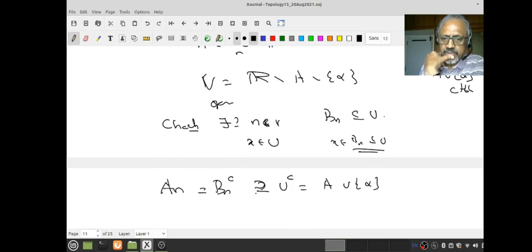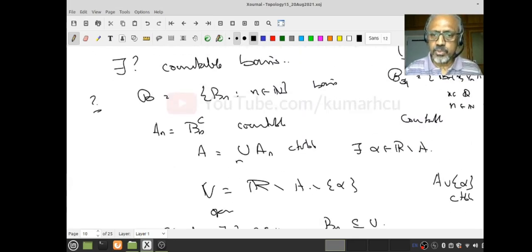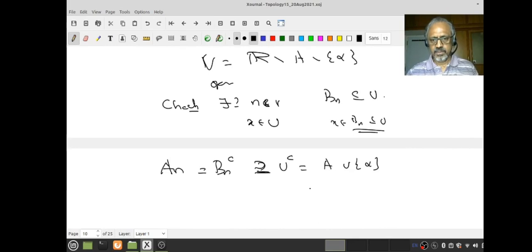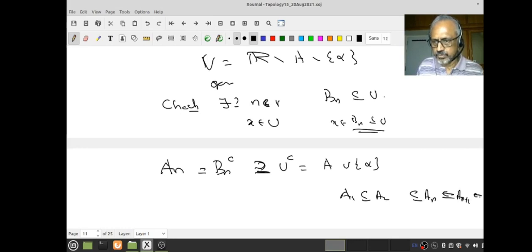So you want to say An contains A union alpha. That may very well happen, because A equals union An, it may happen. You understand this? An may be equal to A because it may be an increasing sequence, A1 contained in A2 contained in An, and after that equal to An plus 1, etc. Who knows? It may or may not happen.